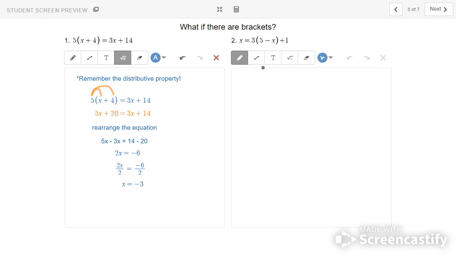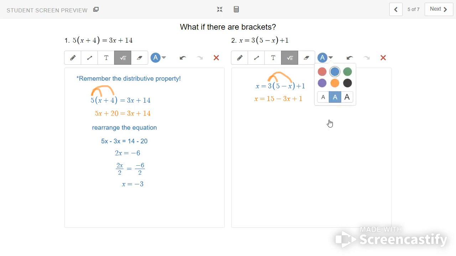Another example similar to that. We have a question that has a bracket. We're going to expand by taking the 3 and multiplying each term inside the bracket. So we now have x is equal to 15 minus 3x, and I'm rewriting the plus 1. I'm going to rearrange it now.